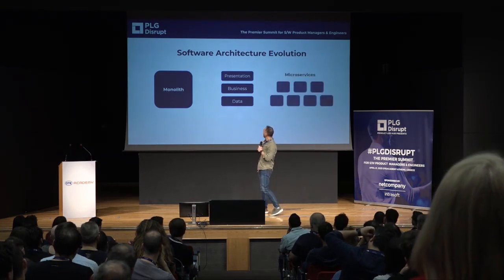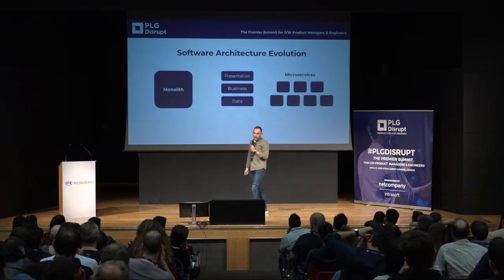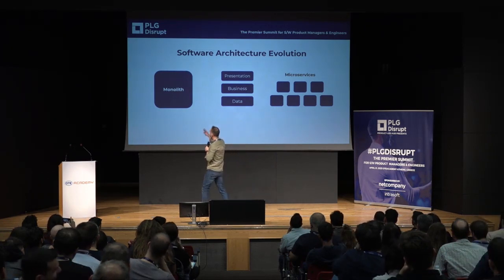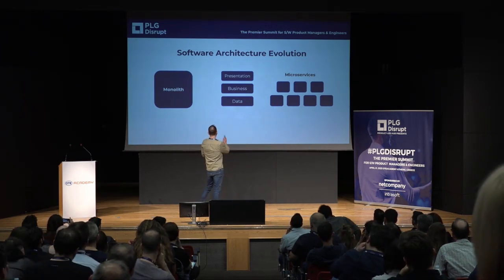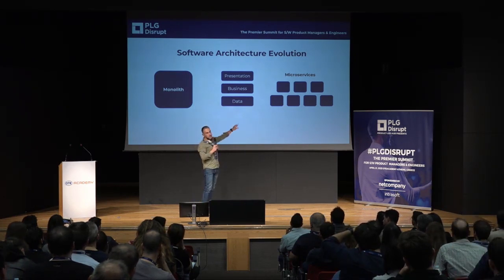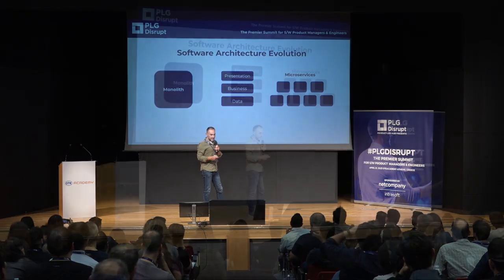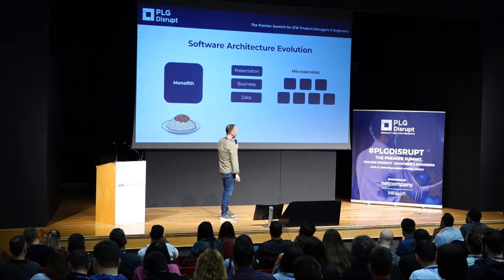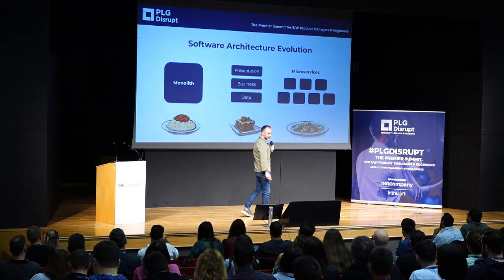over the years. So I think we can identify three main categories here, from the monolith, first-era applications, to the multi-layer applications, to microservices. And there's also an interesting Italian food analogy for these three categories.